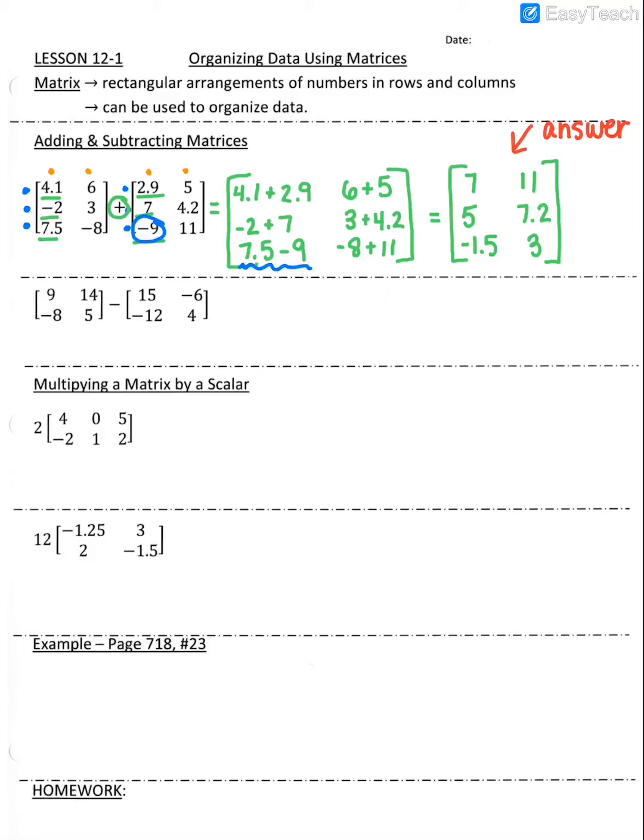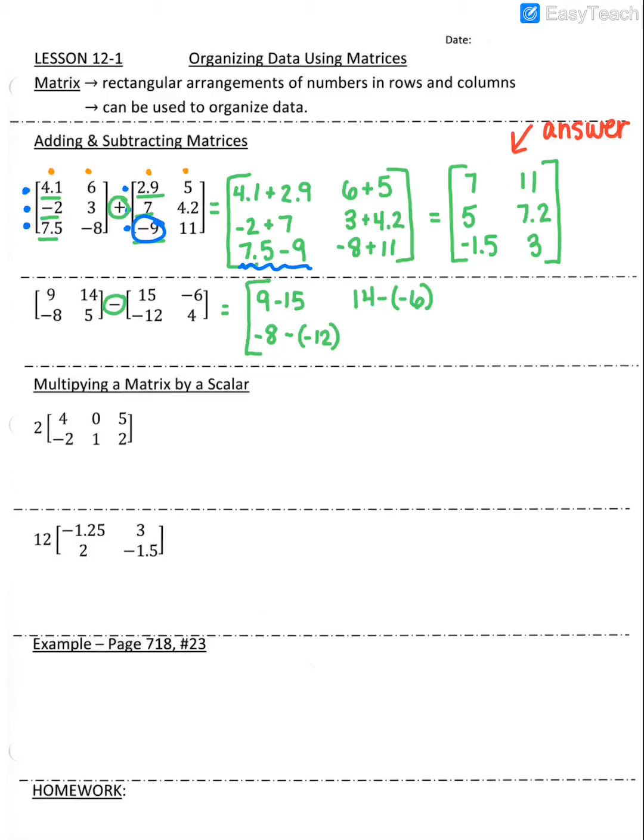The next one is subtracting, but it is the same setup. We're going to do the same things. So all the corresponding pieces are just going to be subtracted. So I'll have 9 minus 15. I'll have negative 8 minus a negative 12. 14 minus a negative 6.